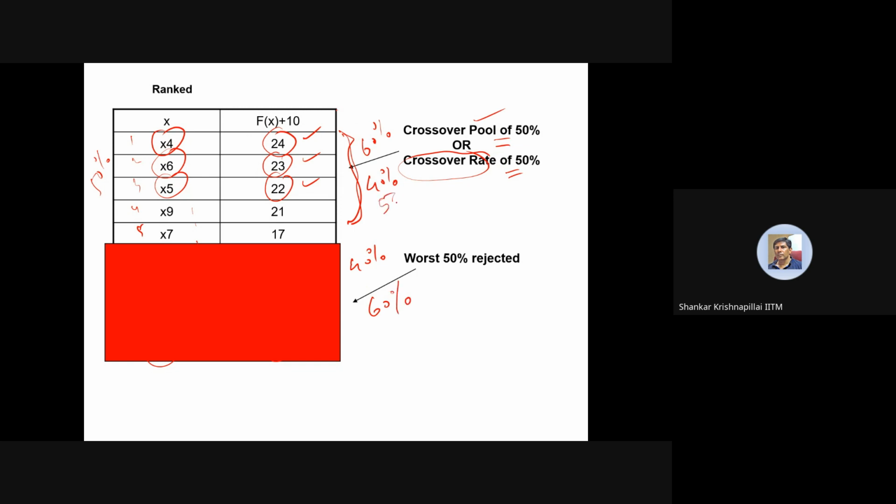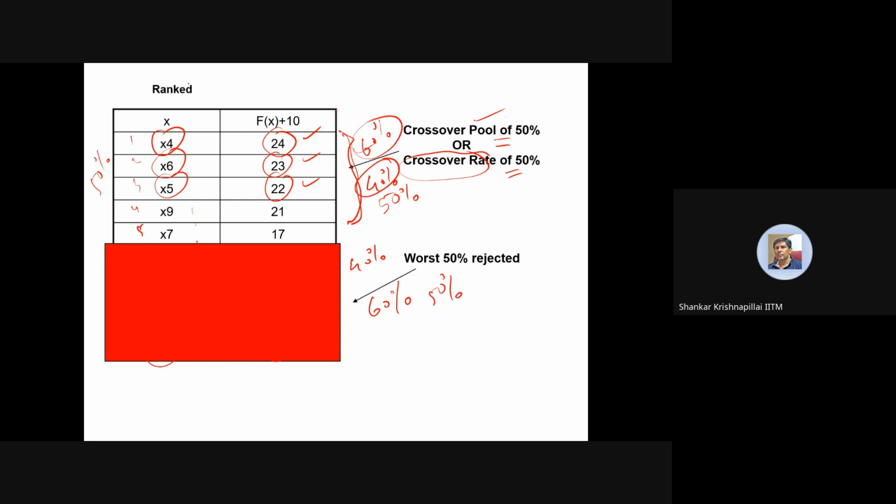And some algorithms will take 50%, 50%. So various combinations are there. Because it's not a mathematical method, you cannot tell in advance which will give good results. It is all rule of thumb, but roughly it varies between 40 to 60. That is the crossover pool.